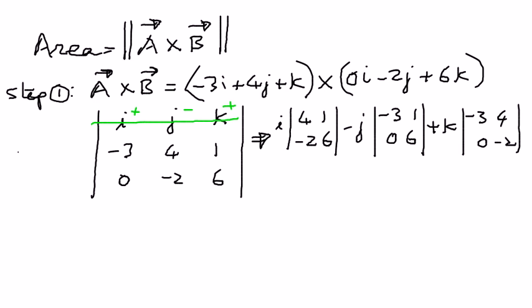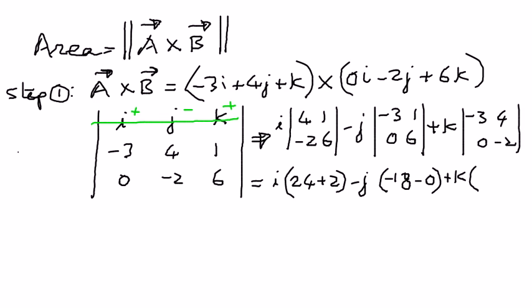And therefore, when we simplify this, it's going to be i times 4 times 6 is 24, minus 2 times 1 is -2, times minus will be +2, minus j times 6 times 3 is 18 with a negative sign, minus 0 times 1 is 0, plus k times -3 times -2 is +6, minus 4 times 0 is 0.